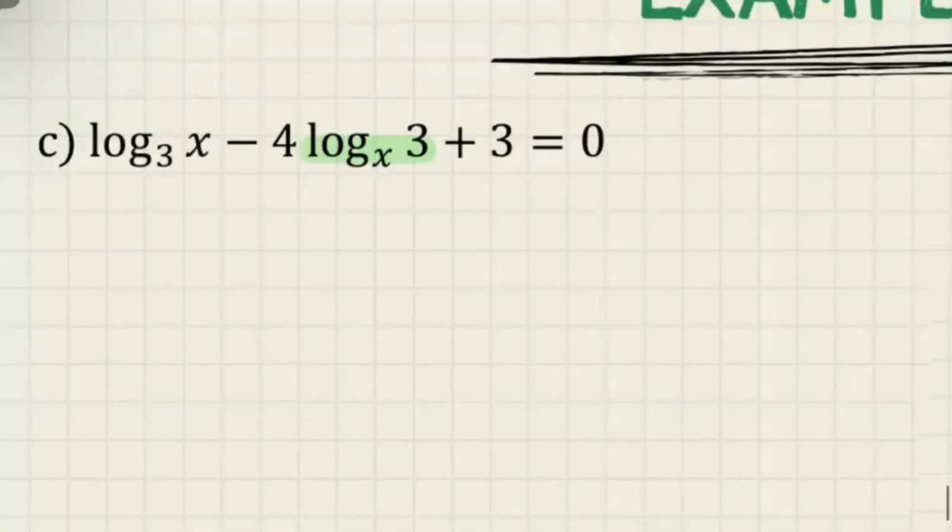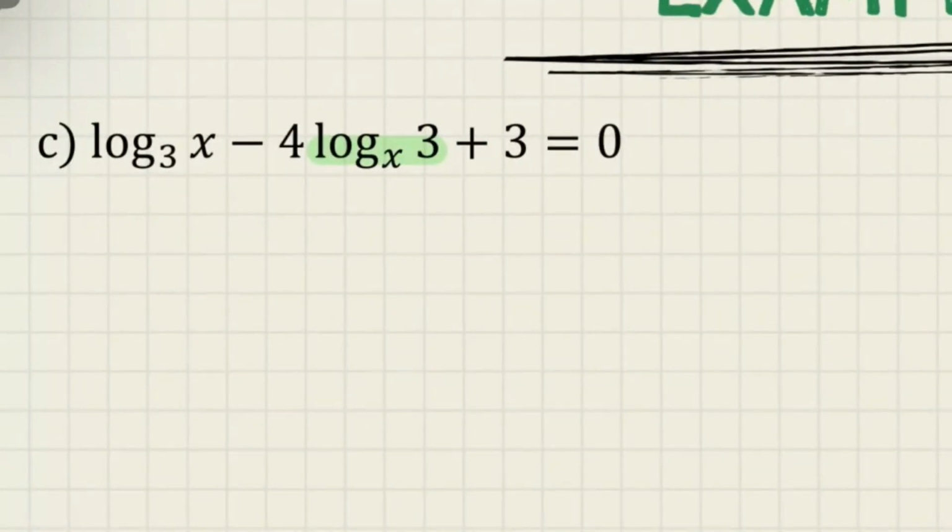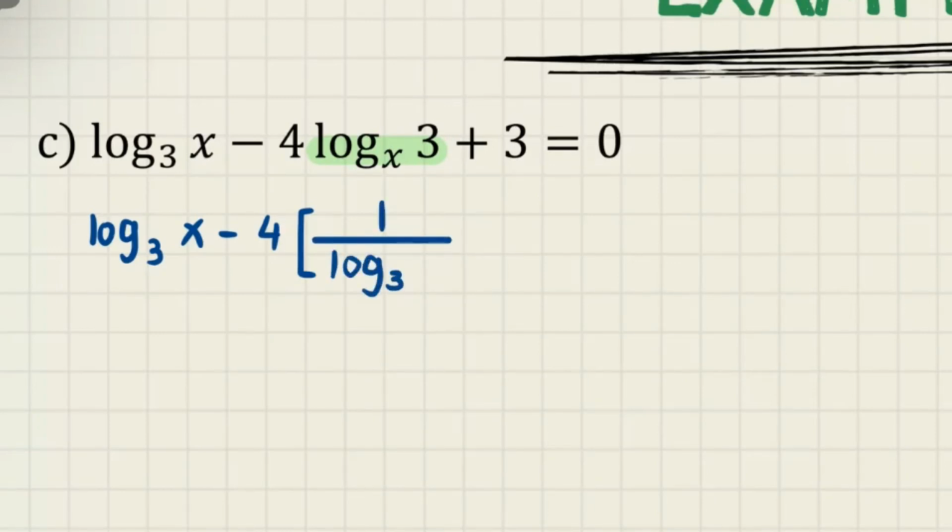So this one, now it will be log of base 3x minus 4 (1 over log of base 3x) plus 3 equals to 0. Okay, so ini step yang pertama.